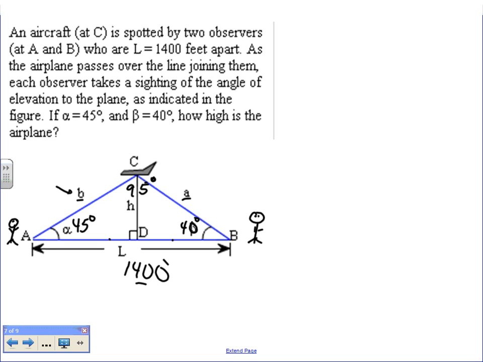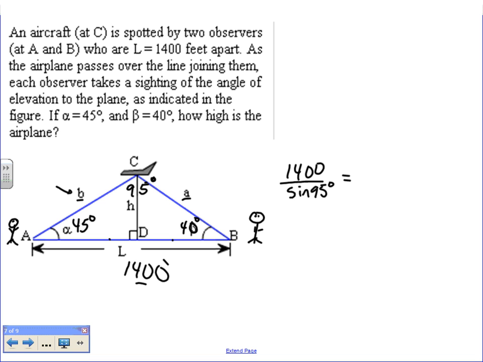Okay. Now, y'all see how we can use law of sines? So what I'm looking at is the big triangle. Okay, not the two little ones, but the big triangle. So let's set up a law of sines. Now, what's the ratio that I know? The 1400 over sine of 95 equals. And now you can either find the B or the A. We only need one of them.